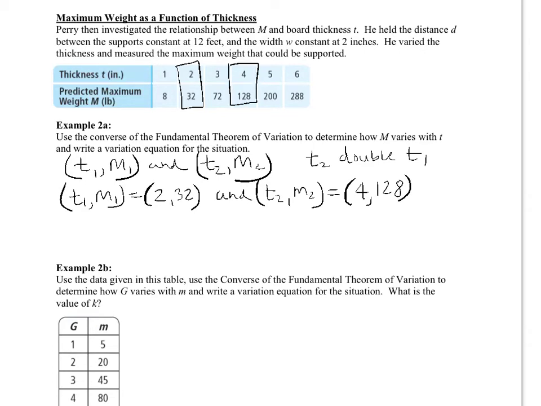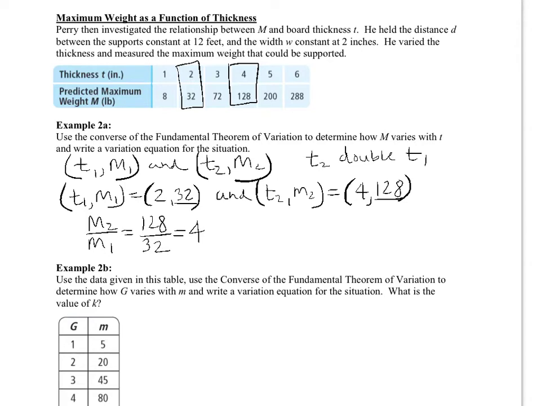So that set of points. So M2 over M1 equals 128 divided by 32. And that equals 4. So as T doubles, M is multiplied by 2 squared, which equals 4, and that would be that fundamental theorem of variation.